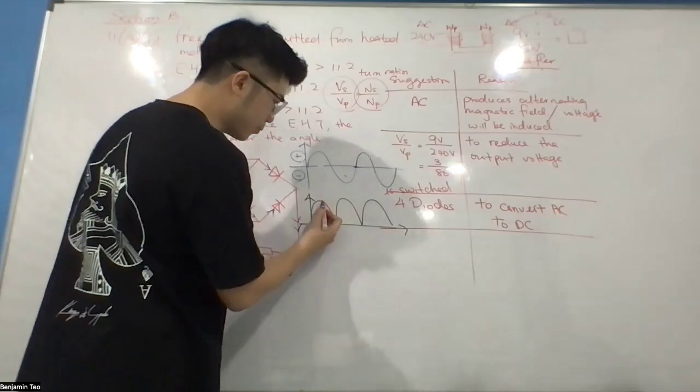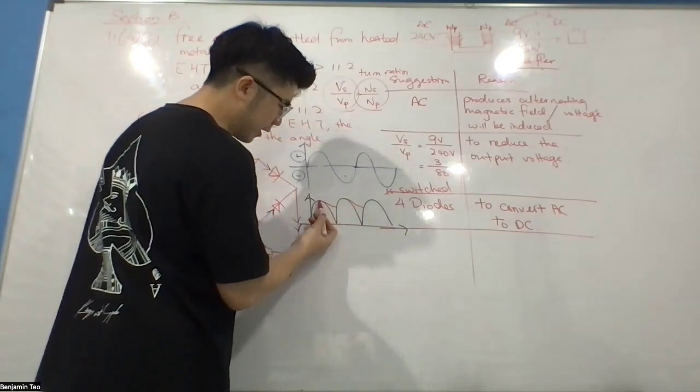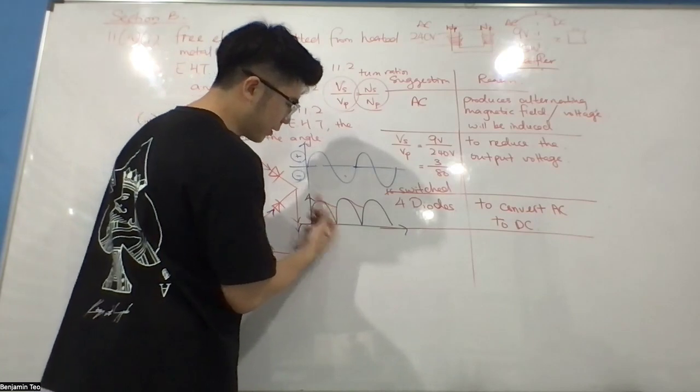What we do is smooth out the current so that when it drops, it doesn't drop that steeply. It will slowly, gradually drop.